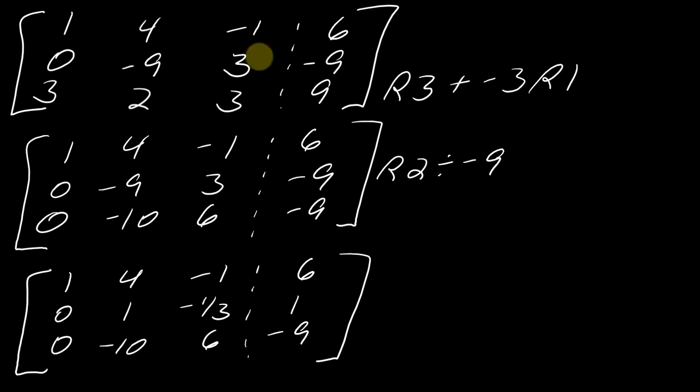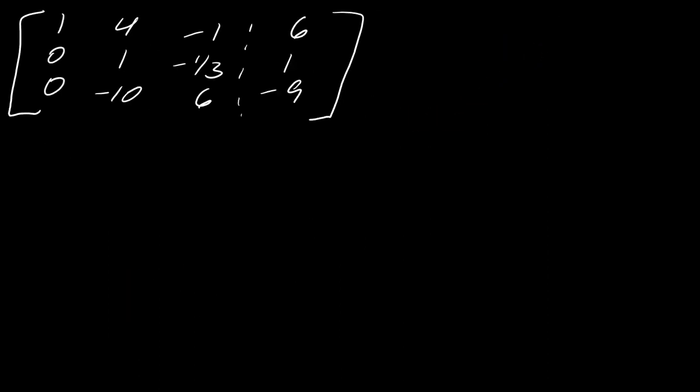Okay, so now I got my 1. Now I've got to get zeros here and here. So we'll start here. So let me clear some space. Okay, and now I'm going to take row 1 and multiply row 2 by -4 so I can get that 0, so that this becomes a 0 right here.